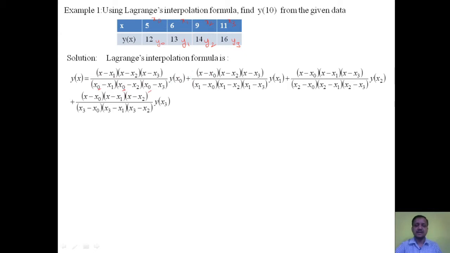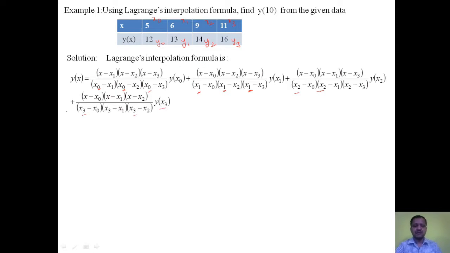In the second term we neglect x1 in the numerator, and that will appear in place of x in the denominator: x1, x1, x1. Similarly, we neglect x2 and it appears in the denominator. In the fourth term we neglect x3, and that will appear in the denominator. So you can easily remember this formula.